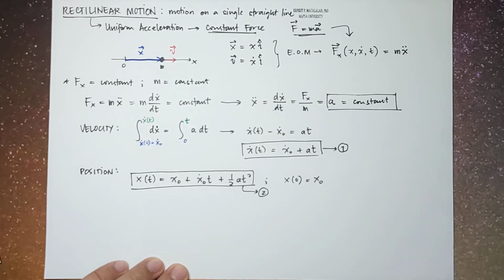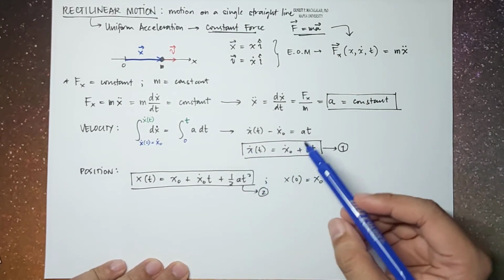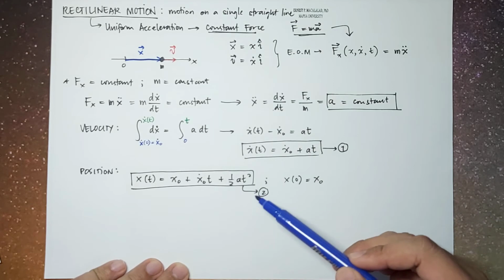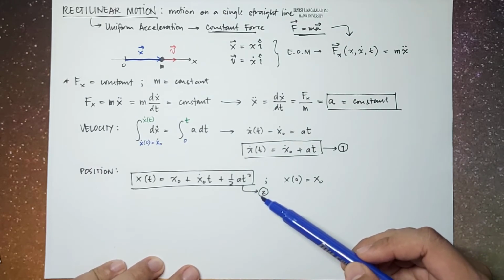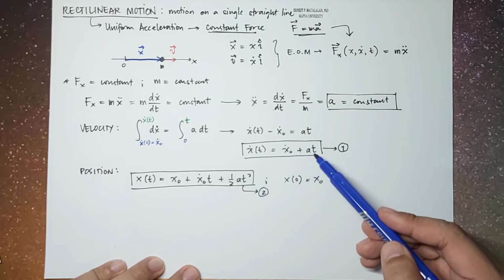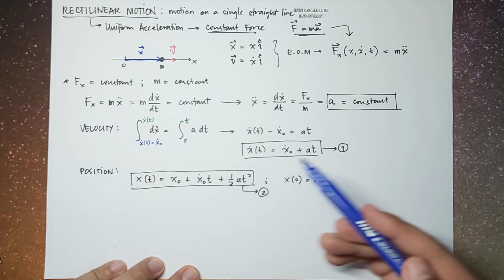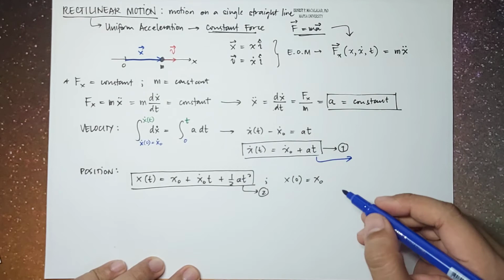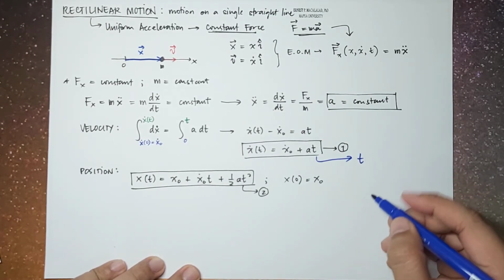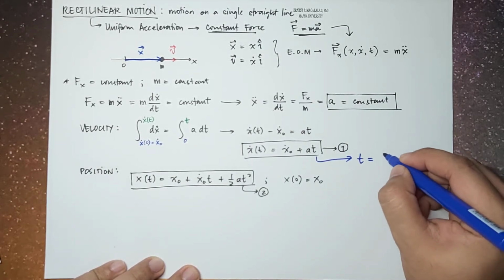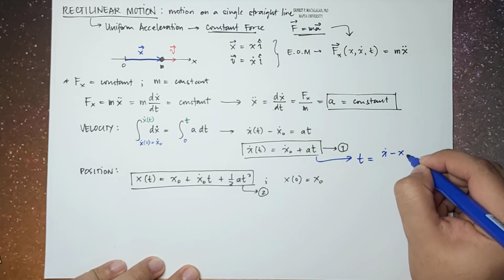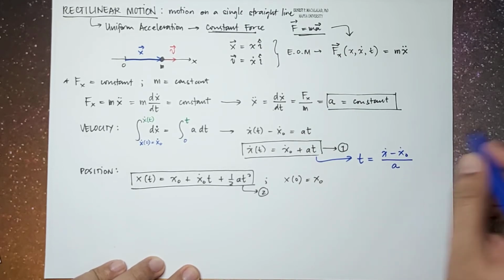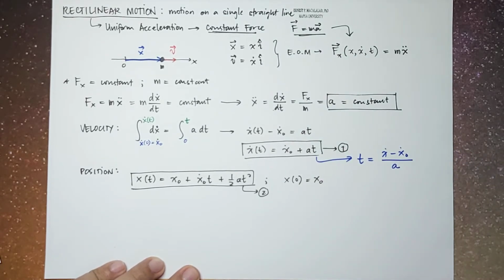Now, let's say we want to combine equation 1 and equation 2 through elimination of t, or time. What we can do is rewrite equation 1 so that t is equal to x dot minus x dot naught divided by a.